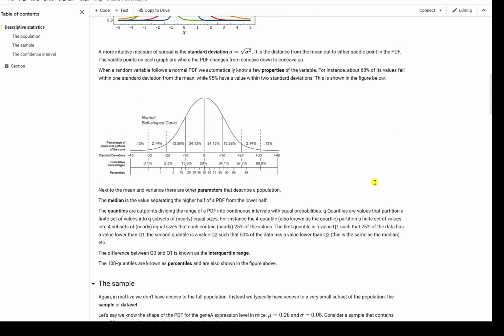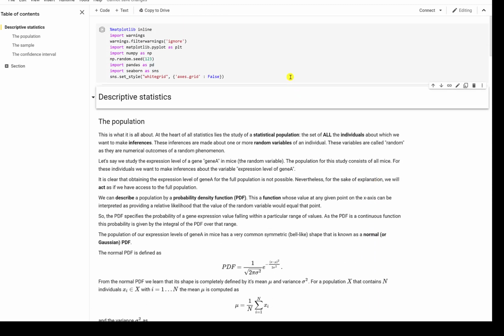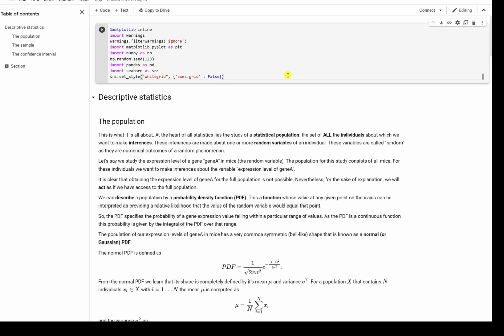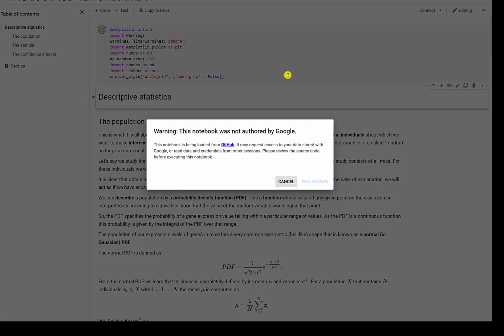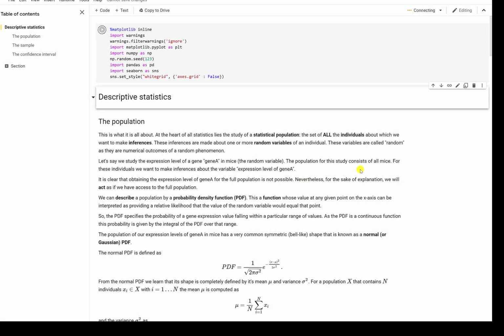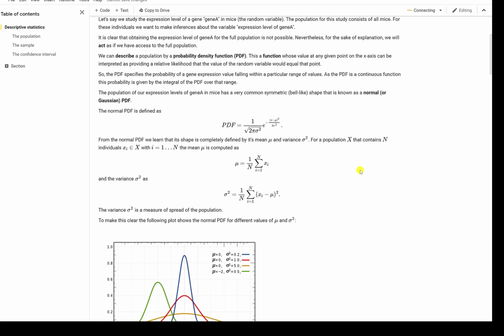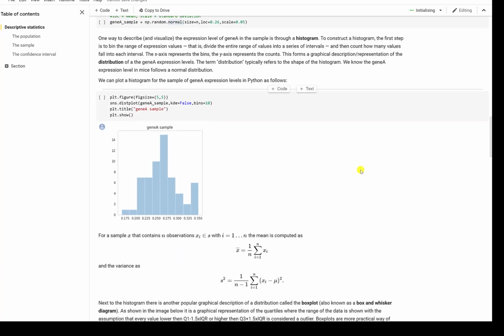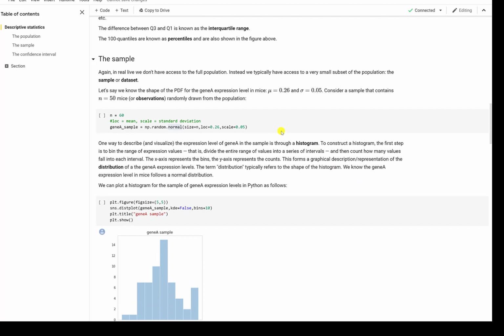Now, before I can execute this code, I need to execute this first part of the code. Remember, this is done by pressing Shift-Enter. The first time you run a notebook on Google Colaboratory, you have to click the Run Anyway button. Don't worry about the text. Now we are ready to run this piece of code.